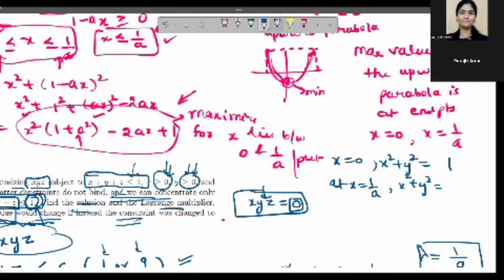So it gives me 1 plus a square divided by a square minus 3.